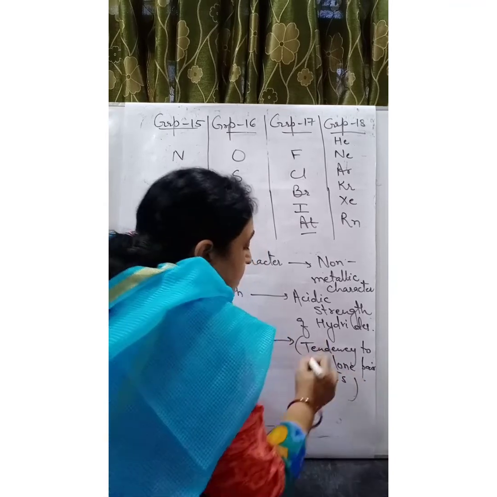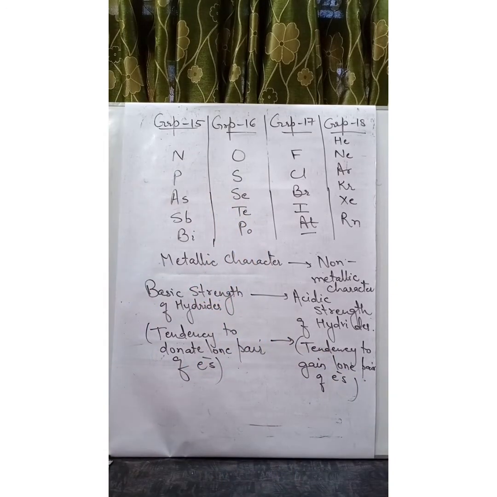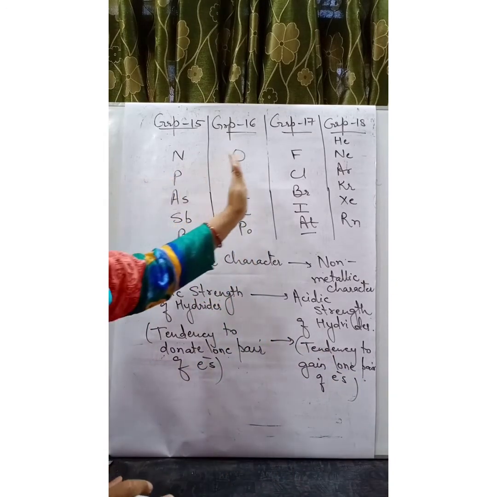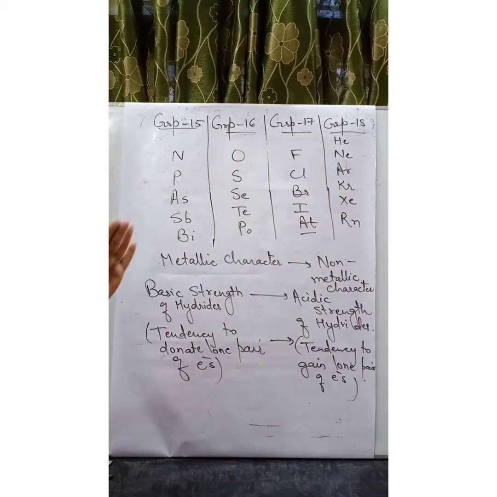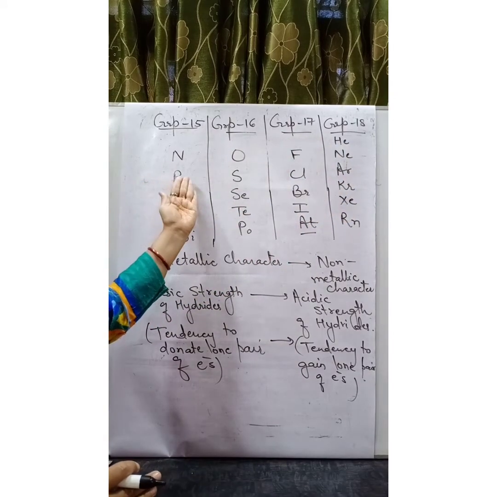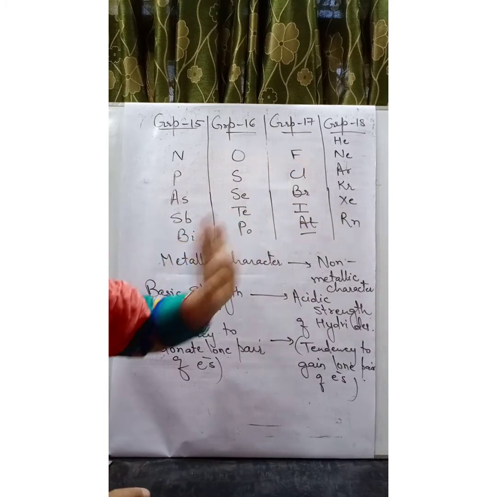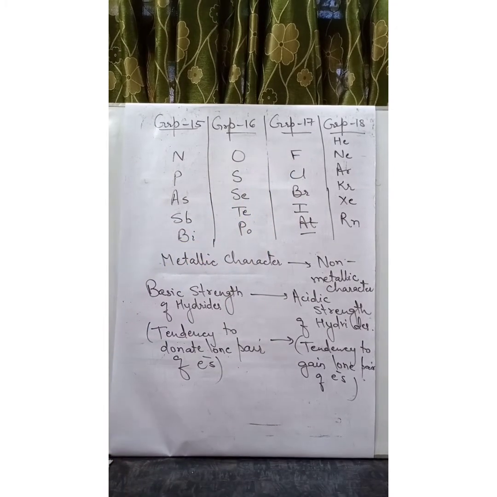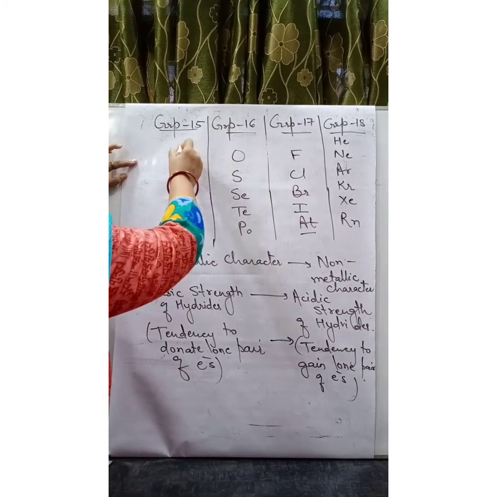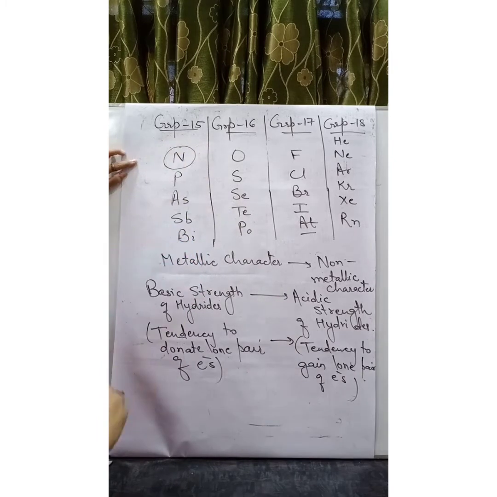This is as per the Lewis concept we have already seen. So slowly, when we are moving from left to right in a period, the basic strength is slowly changing into acidic strength. Now let us see. If we talk about nitrogen, nitrogen is smaller in size.